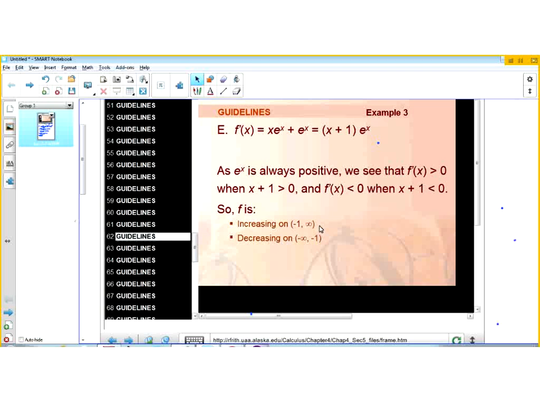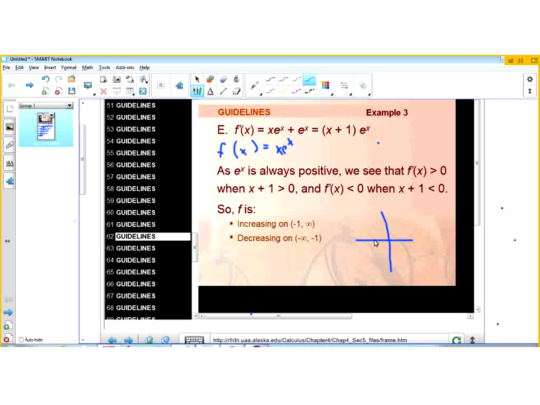So far, based on the information we have, what is the output at -1? The function is f of x equals x e to the x.